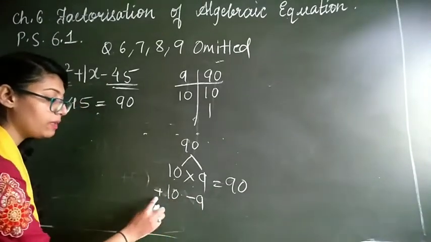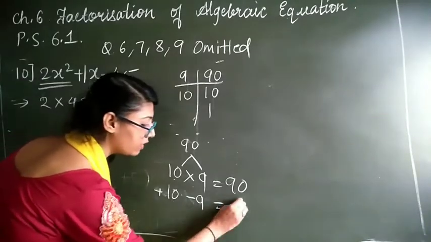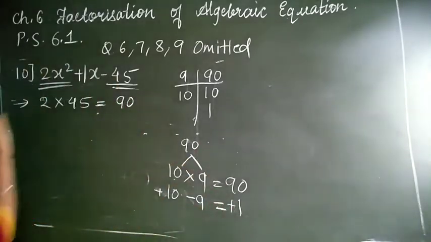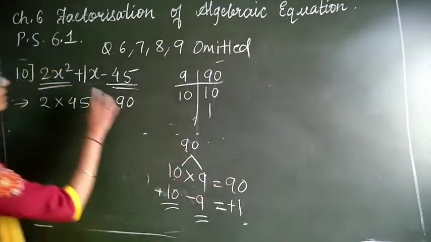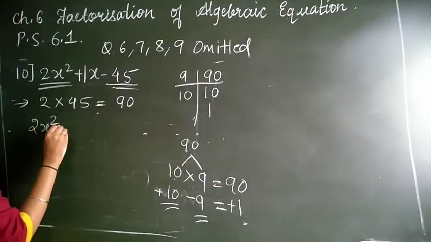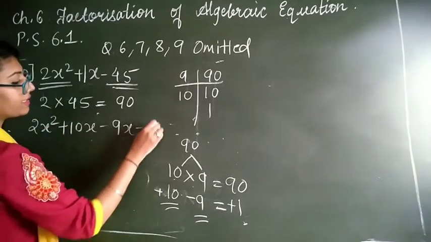Plus into minus will be minus. So we will do subtraction: 10 minus 9 will be 1 and positive sign will be plus. So we will substitute plus 10 and minus 9 in the place of 1x: 2x square plus 10x minus 9x minus 45.